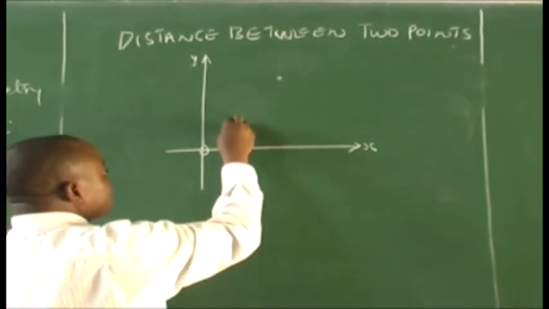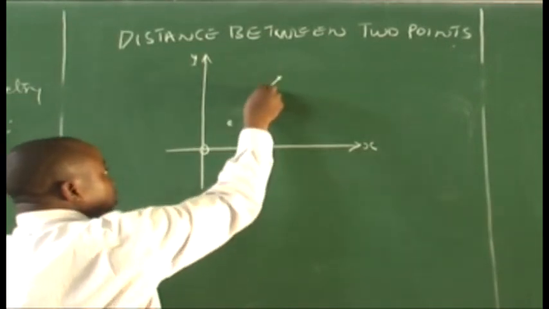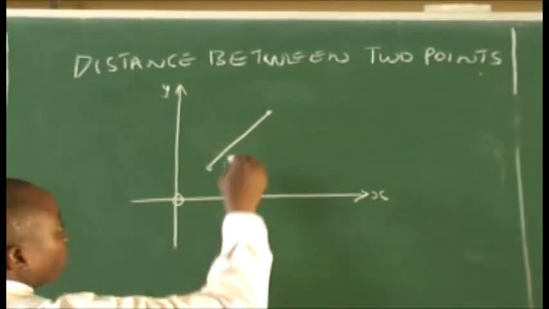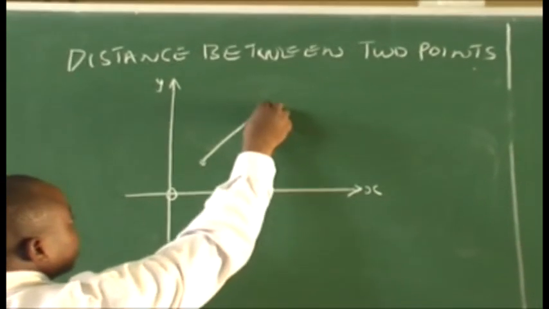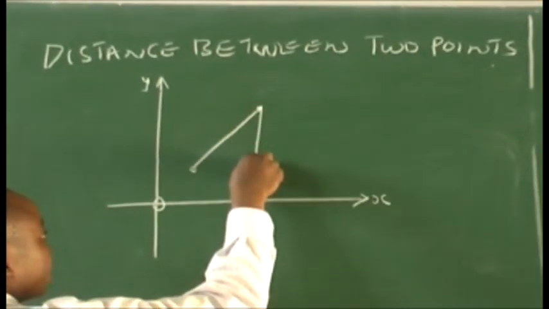These points here, if I join them, we know that to get the gradient, I can pick another line here.